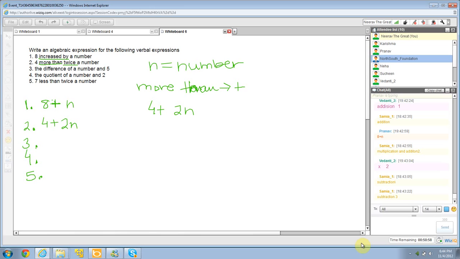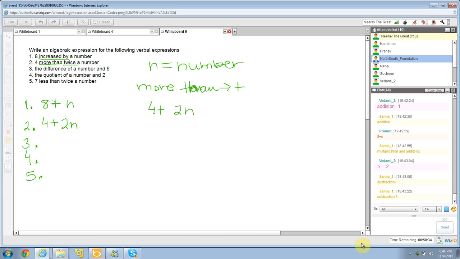So why don't you guys type in the answer for number 3. Your answer should look like an equation like this with some number n and some other numbers with either addition, subtraction, multiplication, or division, whatever the question is asking. So here, it's the difference of a number and 5.